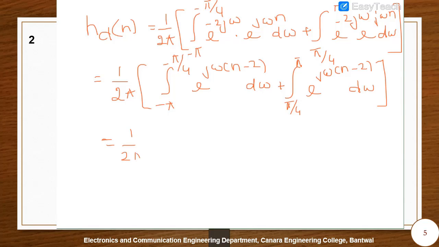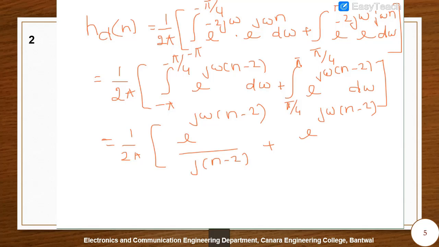We get this as e to the power j omega (n minus 2) divided by j times (n minus 2) plus e to the power j omega (n minus 2) divided by j times (n minus 2). And the values of omega varying from minus pi to minus pi by 4, and here it varies from pi by 4 to pi.